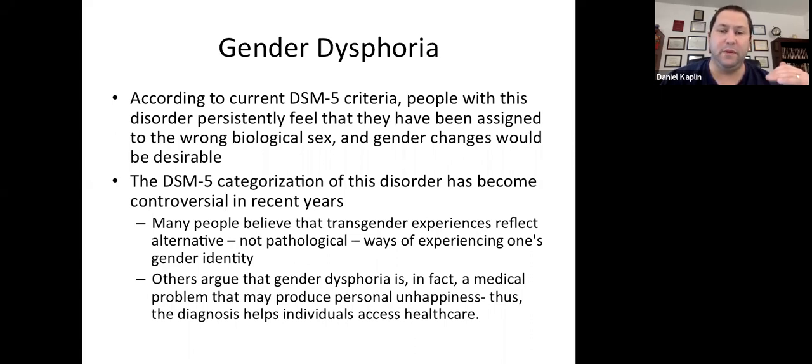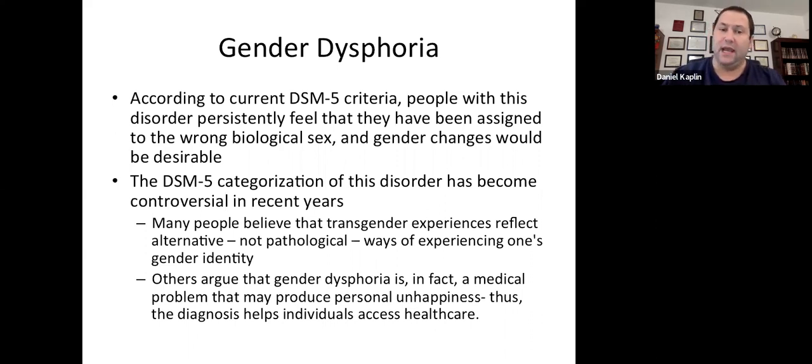Many people believe that the transgender experience reflects an alternative, not pathological way of experiencing one's gender identity. Those people are advocating that gender dysphoria should not have been included in the DSM-5. It's about overly pathologizing different lifestyles.